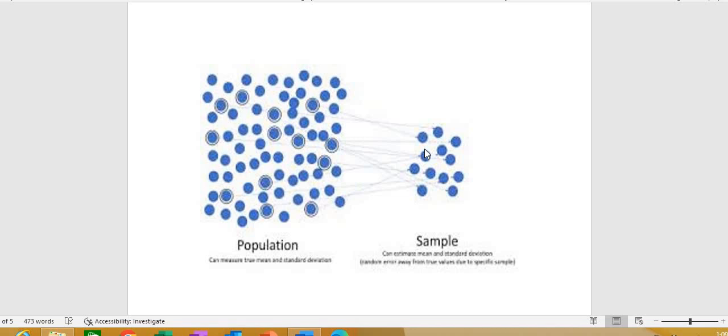So in this way you will try to match the participants, the subjects or patients you have taken as your sample, so that they are all similar in characteristics as much as possible, because we cannot reach 100%.